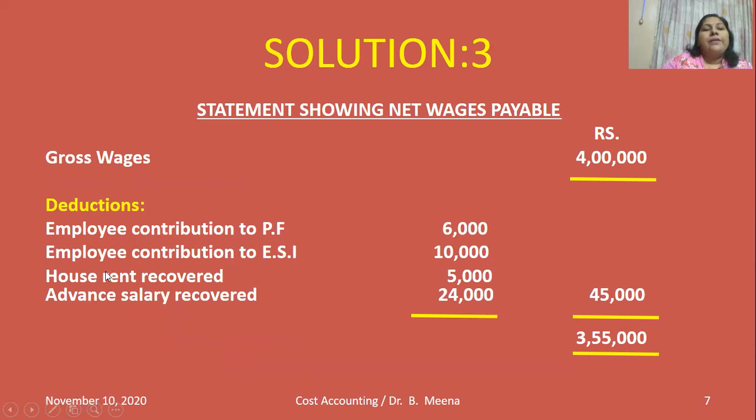From that I deduct all these four deductions: contribution to PF 6,000, ESI 10,000, house rent 5,000, advance salary 24,000. So totally the deductions were 45,000. So 4 lakhs minus 45,000, I'll get the cash required for payment of wages, otherwise called net wages, 3,55,000.